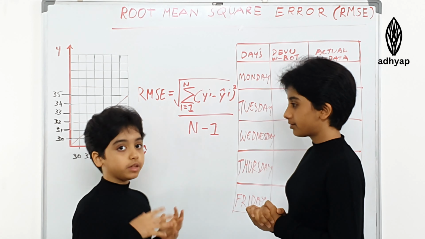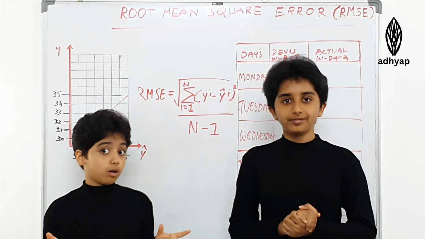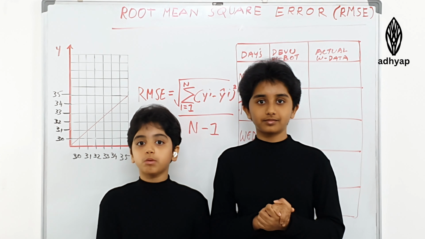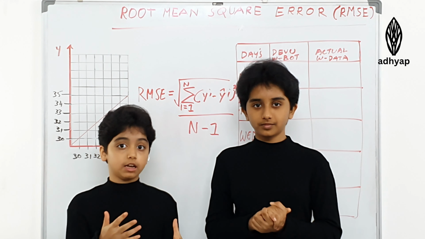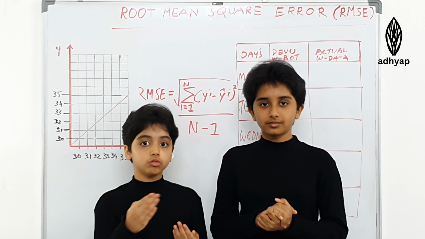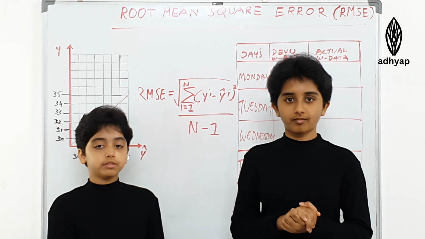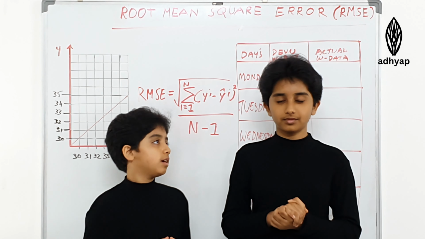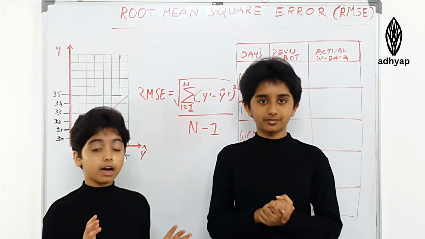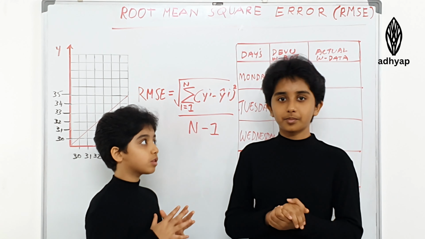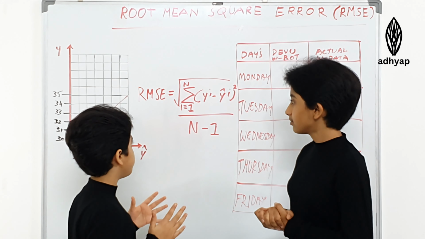The reason we subtract by 1 is because we want to go through the residuals that we have. But that's not it. We still need to square root the result after dividing these two values. So that's how RMSE works.